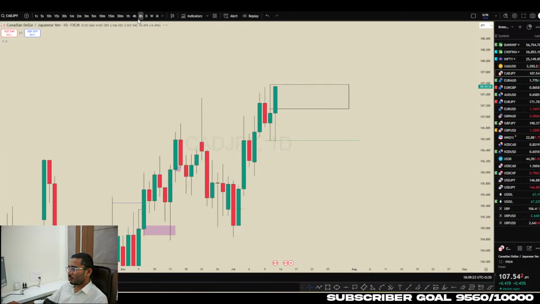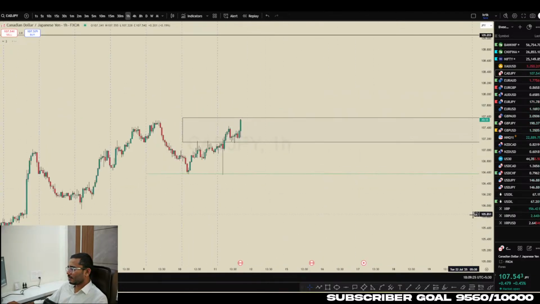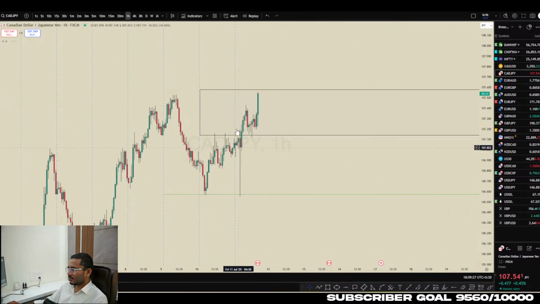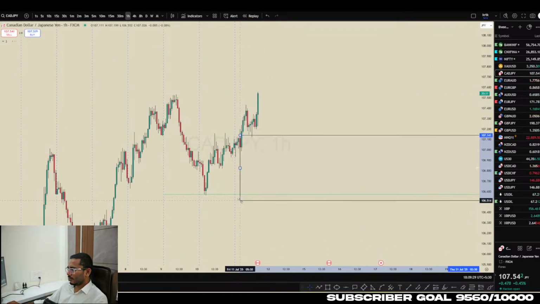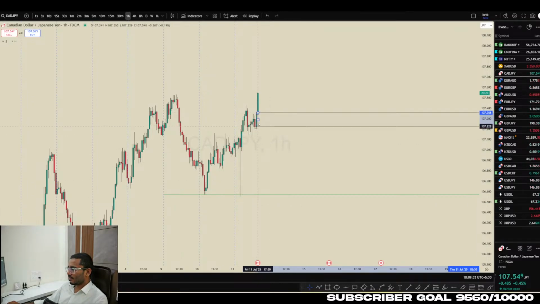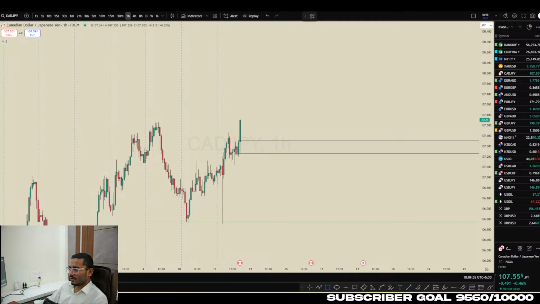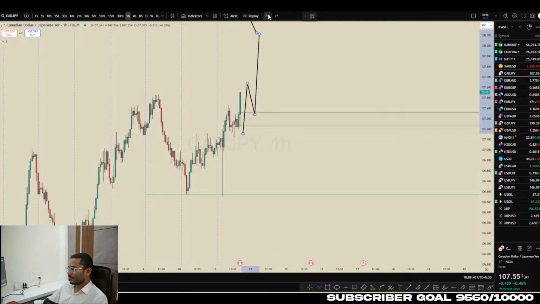So we can expect a pullback on higher time frame. Price swept the liquidity, price mitigated this order block, and now price has created this imbalance. So we can look for a retest here to the upside.